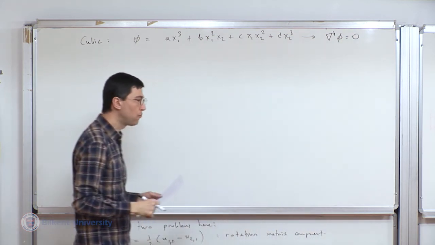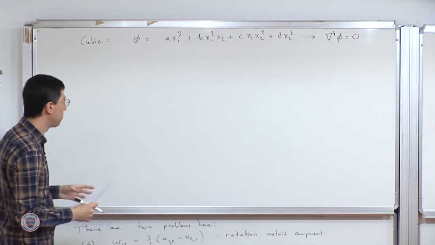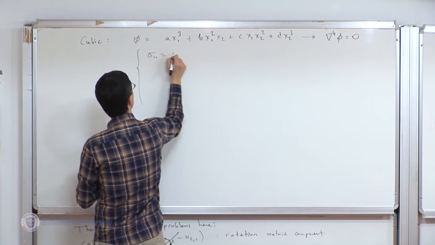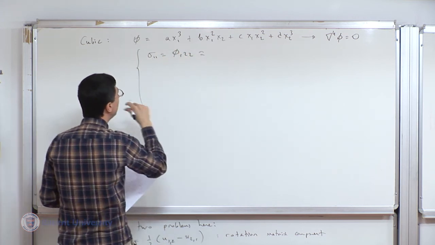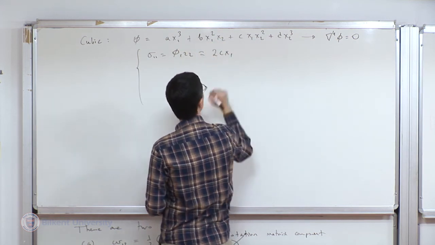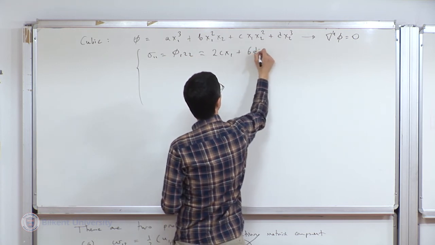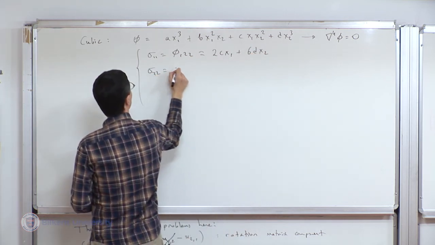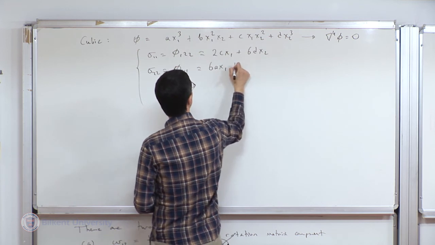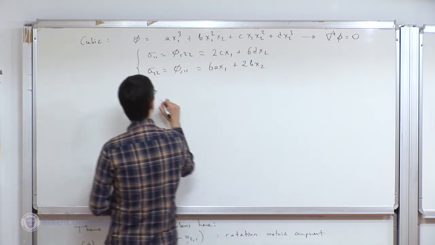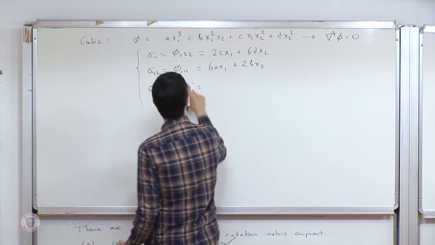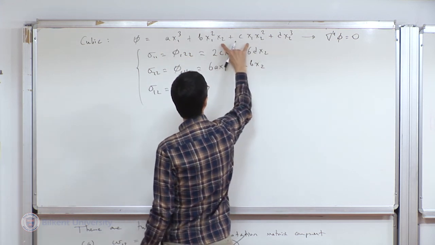Again, compatibility has 4 derivatives, and therefore, all the derivatives vanish. If I calculate the stresses, phi comma 2, 2, right? So this is gone, that is gone, comma 2, 2, 2cx1 plus 6dx2. Sigma 2, 2 is phi comma 1, 1, so 6ax1 plus 2bx2. And sigma 1, 2 is minus phi comma 1, 2. So this term will die, that term will die, only these two survive.